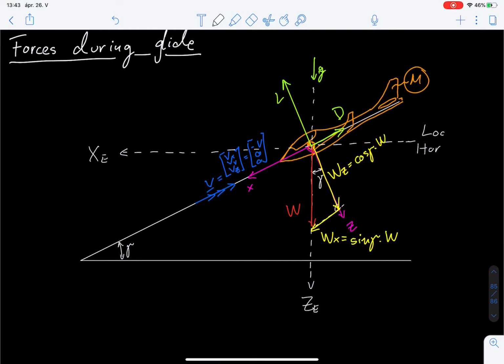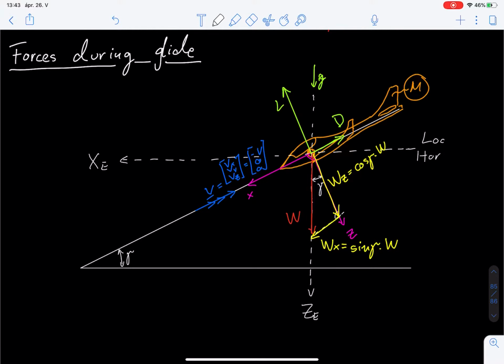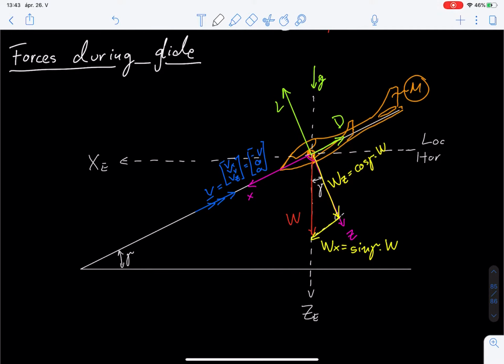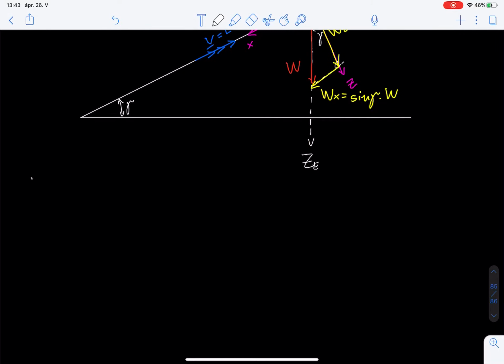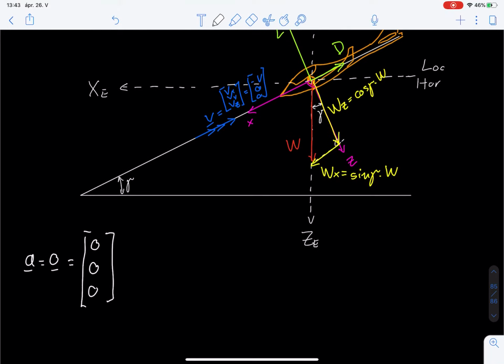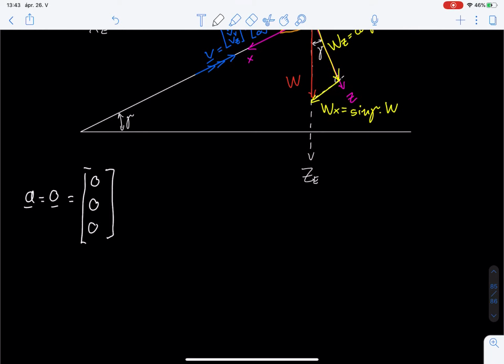And again, since this situation is going to be a steady glide, a steady descent, we can presume that the acceleration is going to be a zero vector, again, which means that all three components around the aircraft's coordinate system are going to be zero, right?